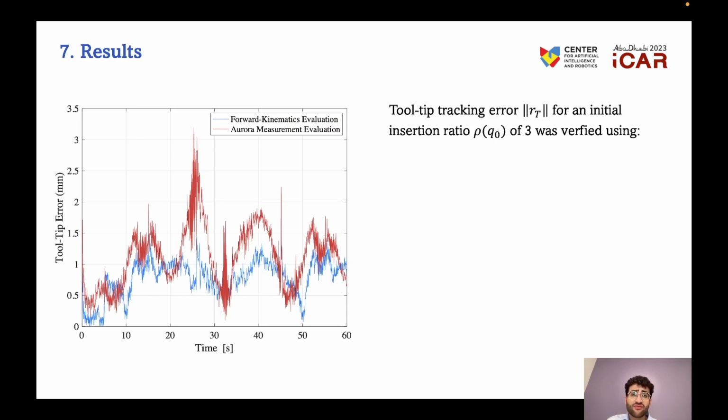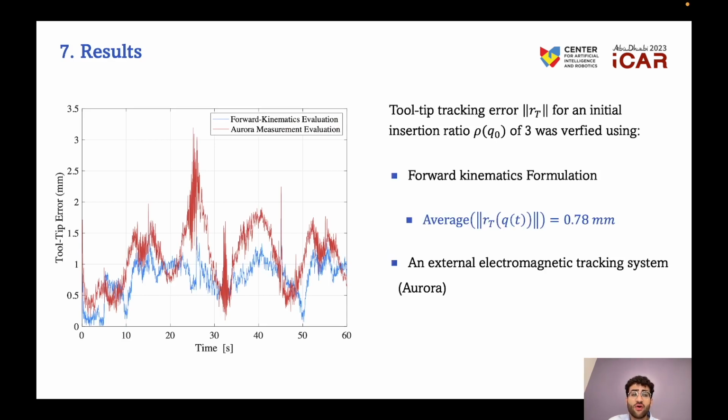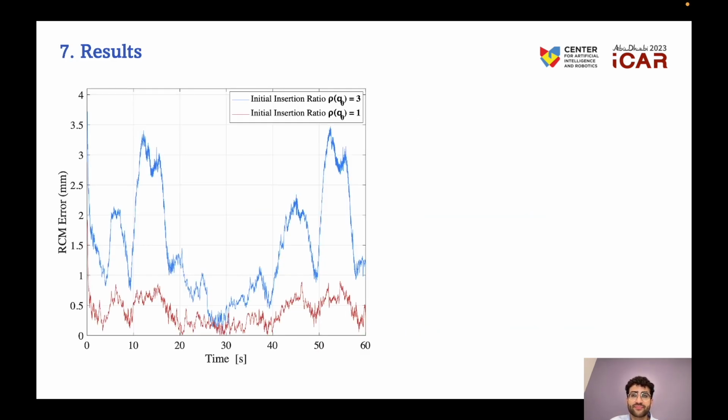So as you can see here, for the tooltip tracking error, we got an average error of 0.78 millimeters when measured using the forward kinematic formulation, and 1.1 millimeters when measured using an external electromagnetic tracking system.